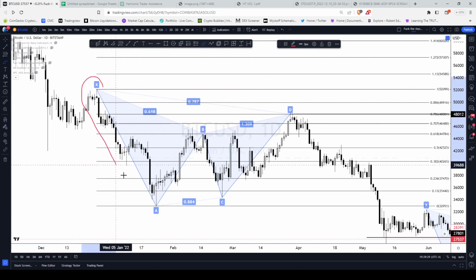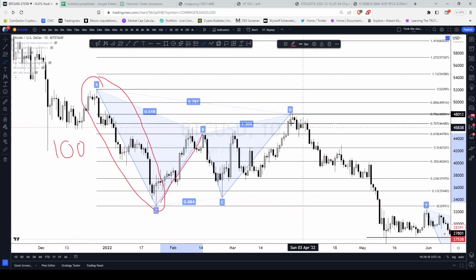So this is a 100% move. Think of this as just like 100%, your whole piece of your pie. This move up to B is 61.8%. 618. It's a 61.8% move of this 100% move up.